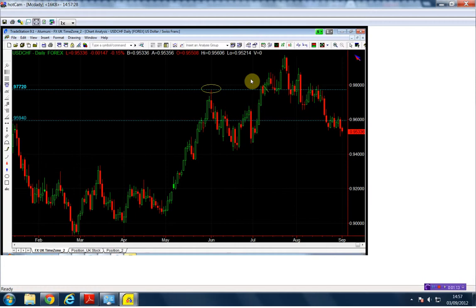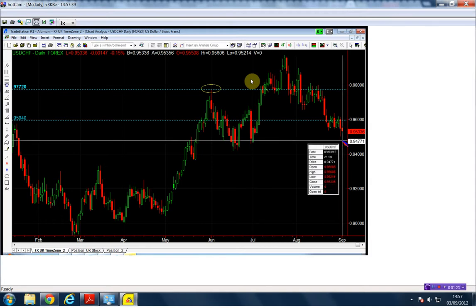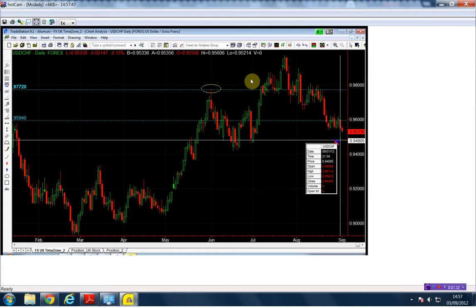We should look at it to continue down. What's the high of today? Today, because it's a holiday, has to be treated slightly different than the normal days. So the high is 95.60.